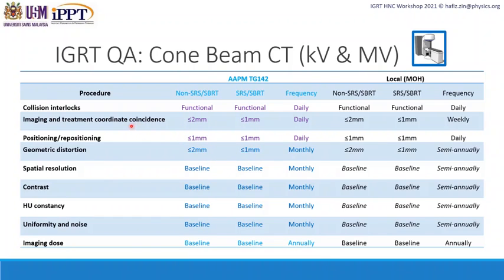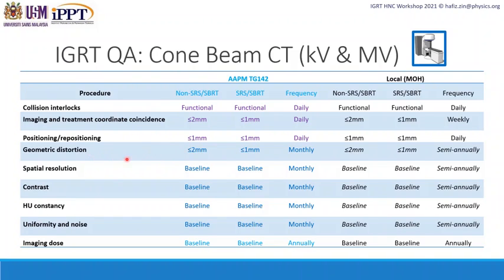So in terms of the imaging and treatment coordinate coincidence, the SRS or SBRT technique requires accuracy of 1 mm, and this is a bit looser if your center is just doing non-SRS or non-SBRT treatment. Positioning and repositioning both should be within 1 mm.